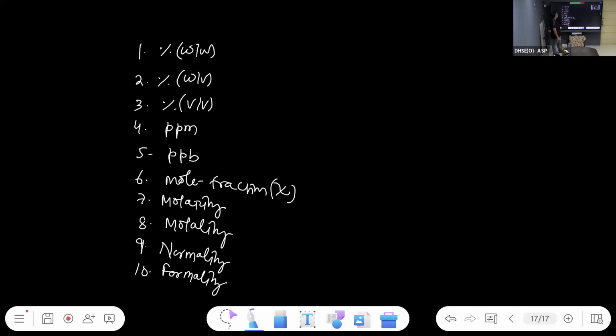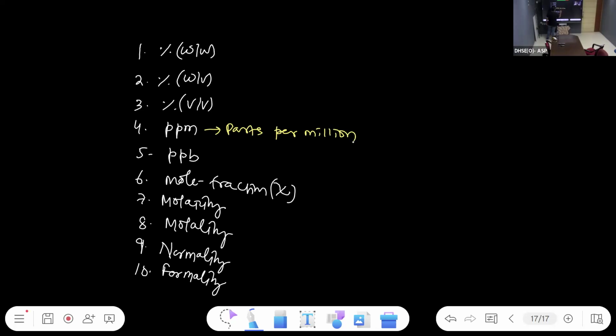I'll repeat for some students. Percentage weight by weight, percentage weight by volume, percentage volume by volume. Then ppm is parts per million; we'll discuss it in detail. ppb is parts per billion.